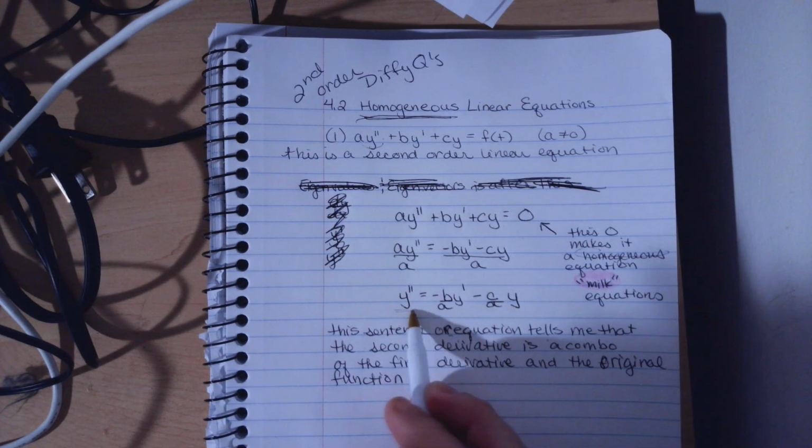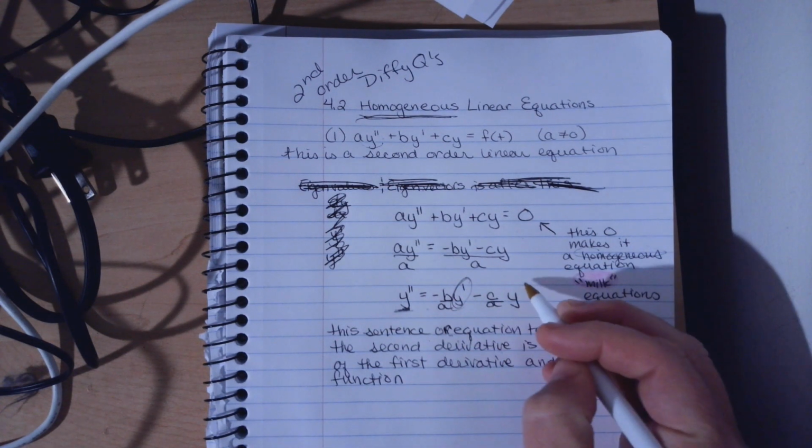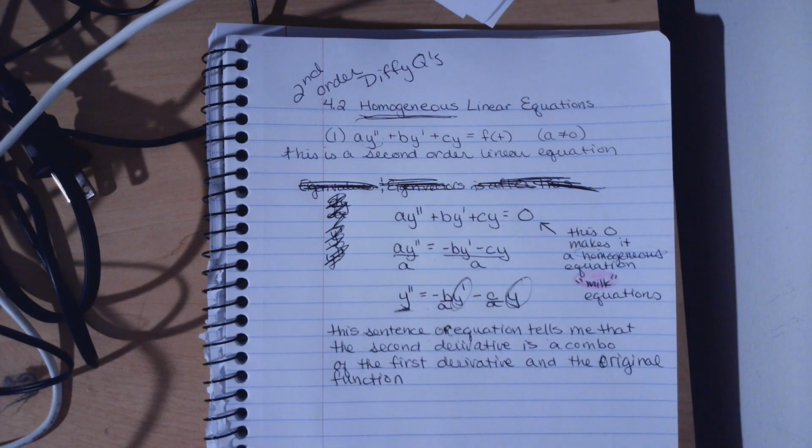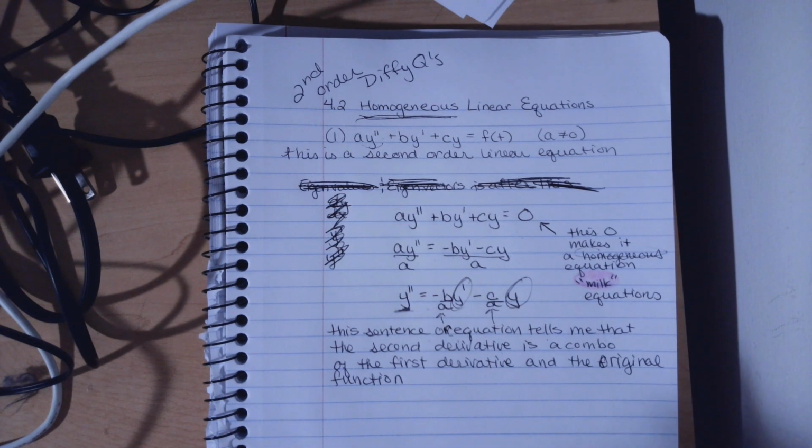We have y double prime equals y prime and the original function, with some combination of coefficients in front of it.